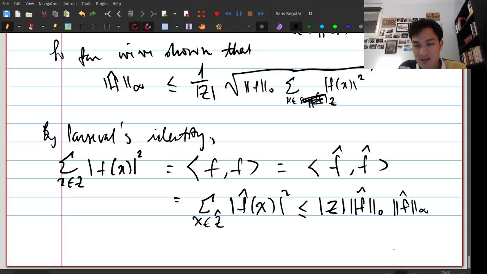Does that make sense? If you think about this squared, it should be counting n squared things, where n is the size of the group. That's in the square already, and then it goes over n again. First we take the size of the support, which takes out all the 0 things, and then we just upper bound it by the biggest f could possibly be. I'm going to have to stare at that a little bit, but it's not so hard.